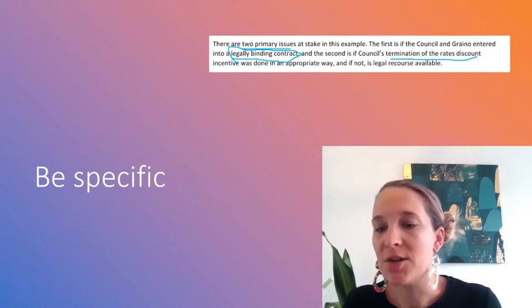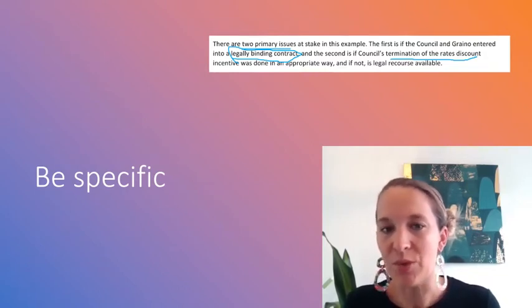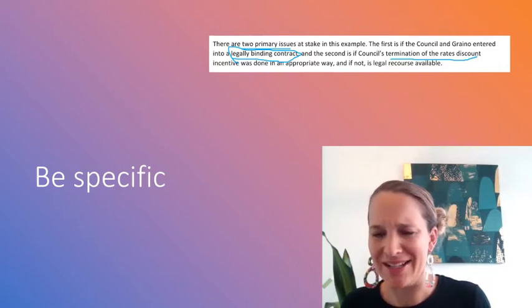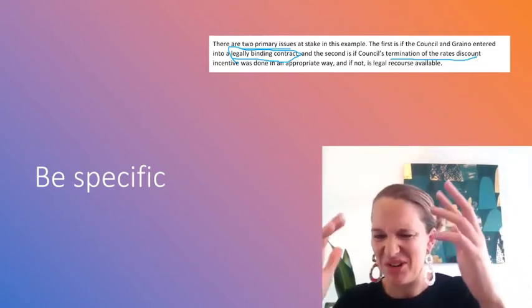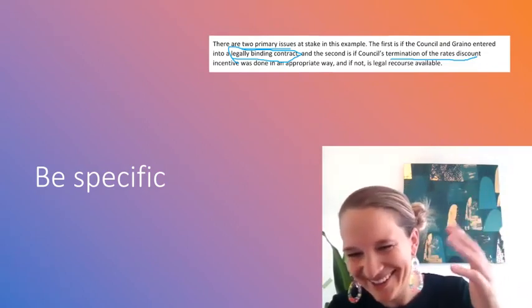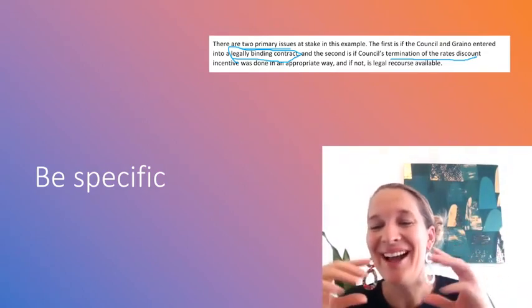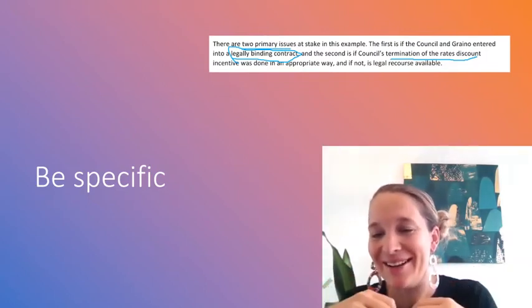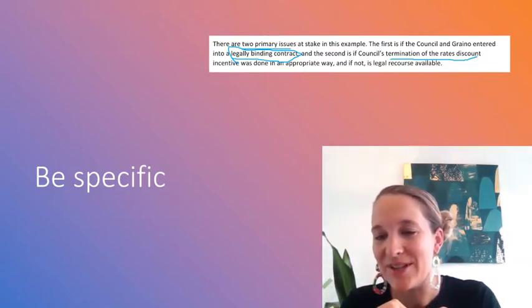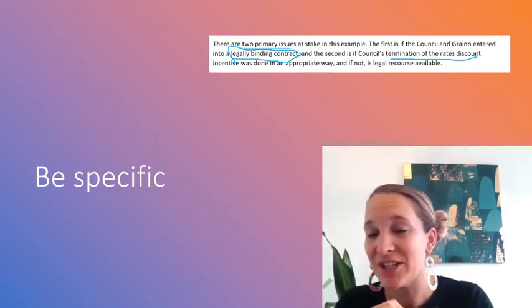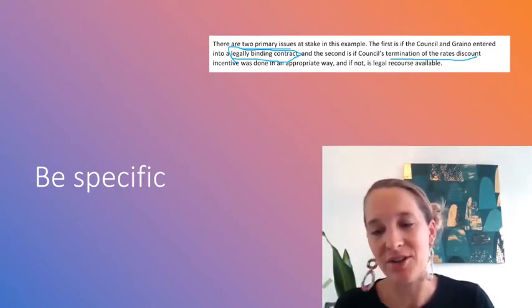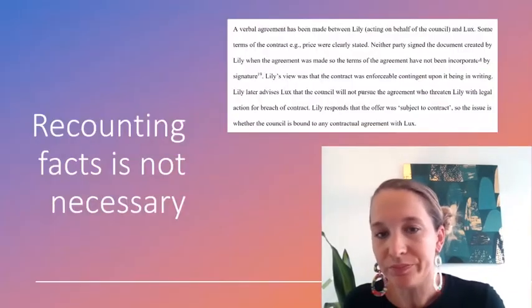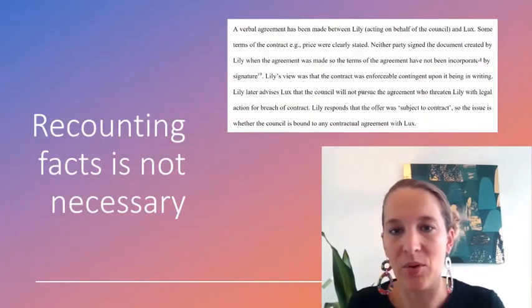The first issue in this actual problem question was not of itself whether the parties entered into a legally binding contract, although that is something that sits above the particular issue I was looking for. What I wanted to see was students identify that this was an intention to create legal relations in the context of a government contract, which then has implications for whether a legally binding contract existed.